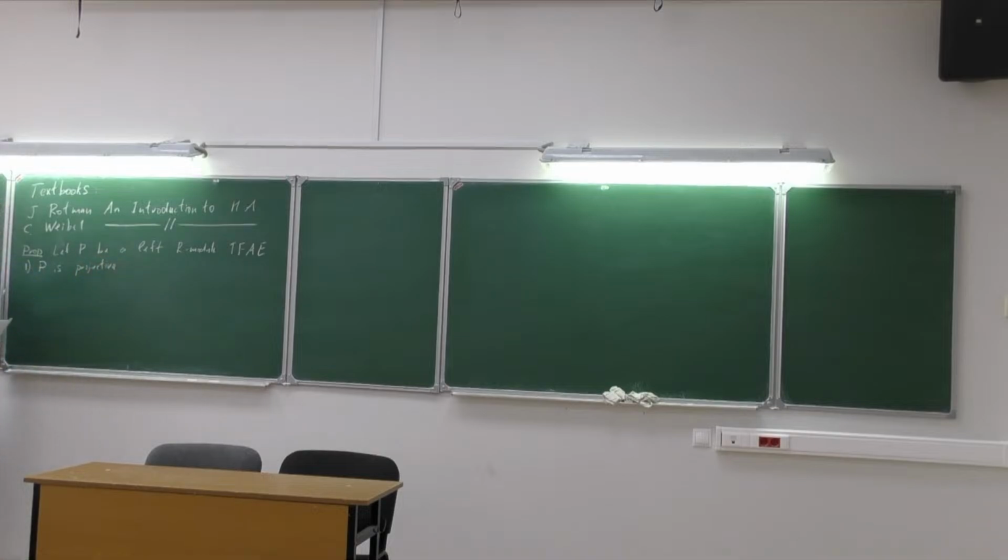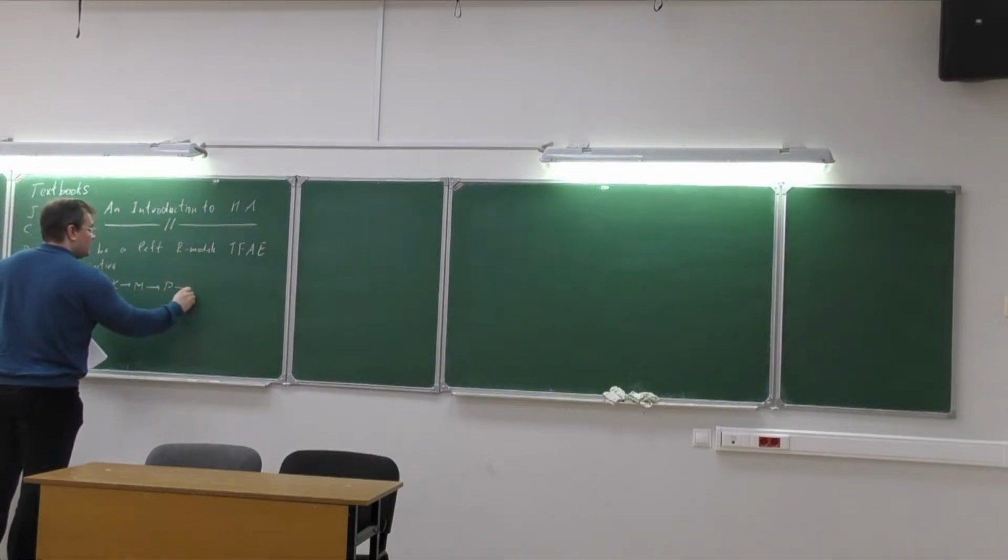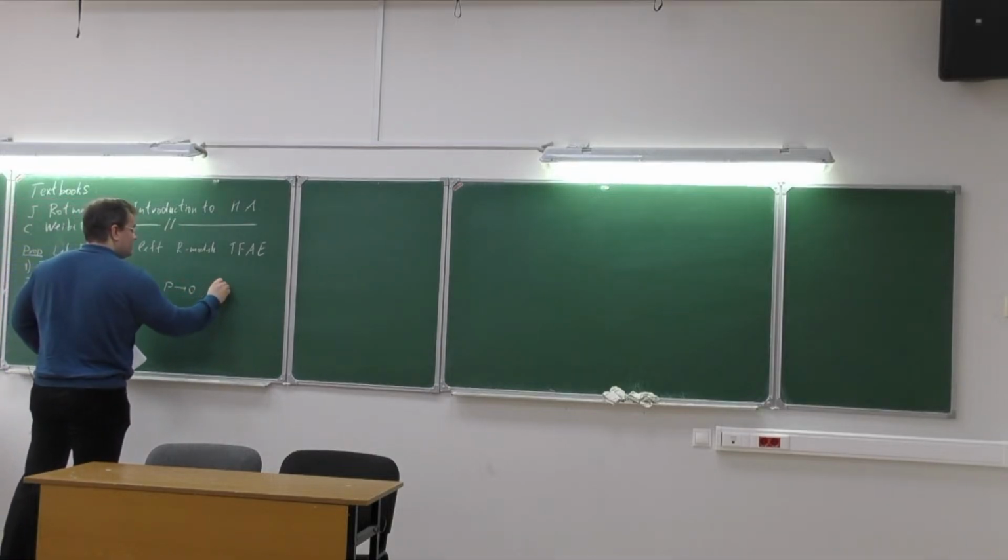I gave you the definition of projective last time, right? At the end of the previous lecture. So this is projective, meaning that we have this lift of homomorphisms. Property number 2 is that any short exact sequence where you have some K, M, and P on the right splits.